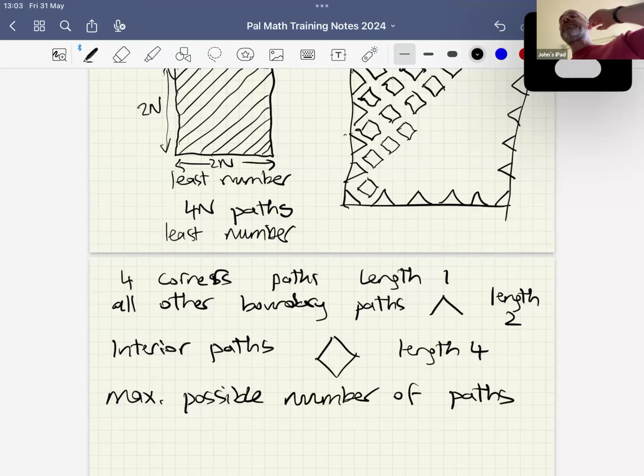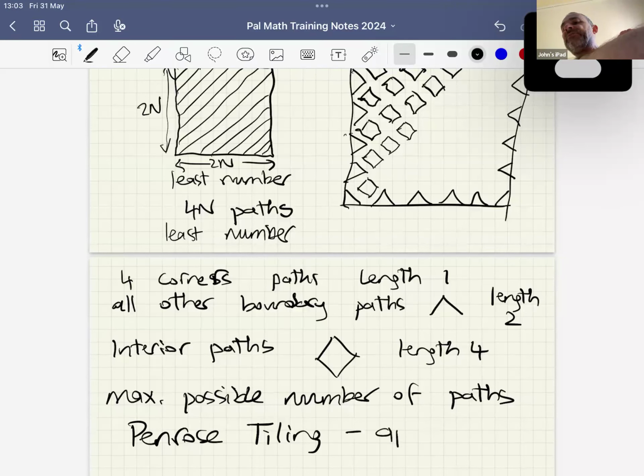By the way, just an interesting thing on the tilings is, I think people have looked at the tilings in various mosques, and you may know of this aperiodic tiling called the Penrose tiling. It's aperiodic.